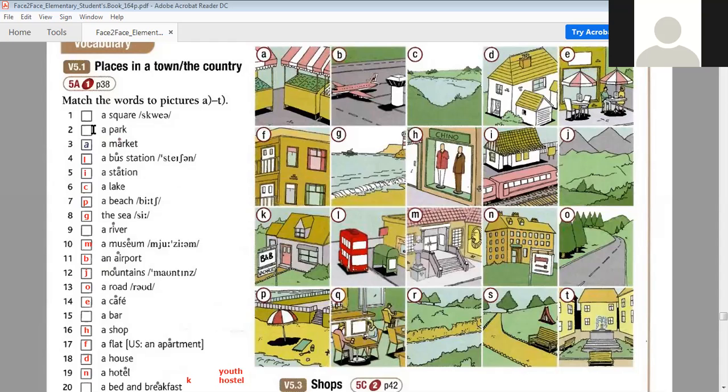A bar. What about R? A river. And S, what's S? A park. Correct. And what's T? A square. Yeah. All right.